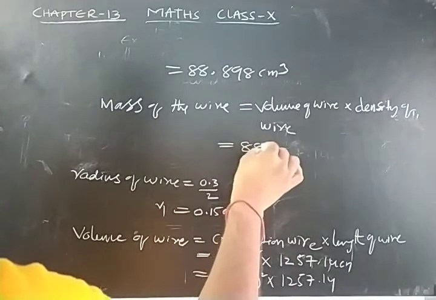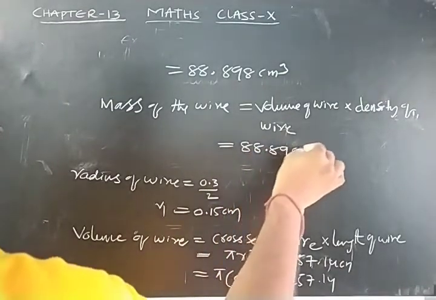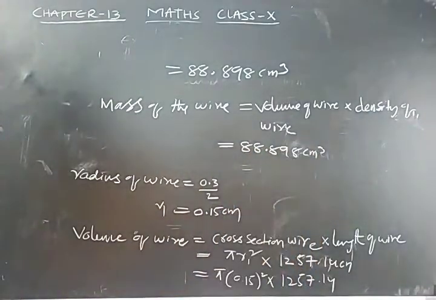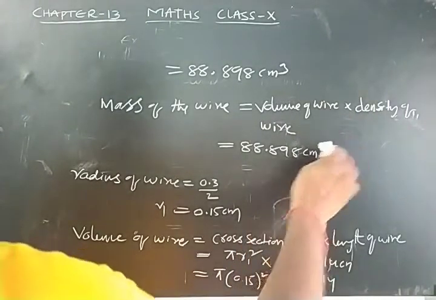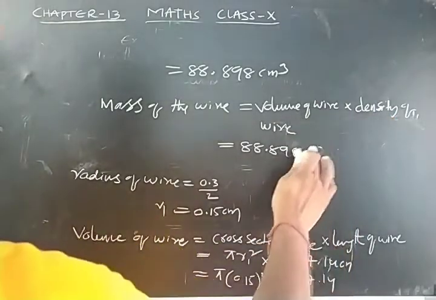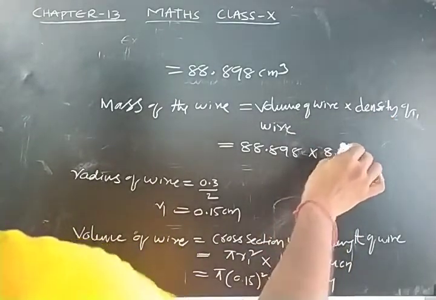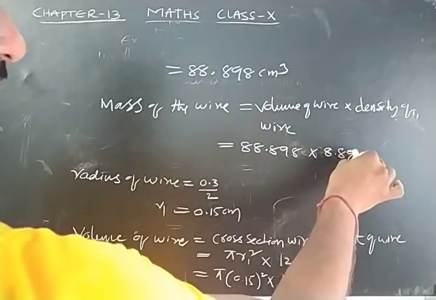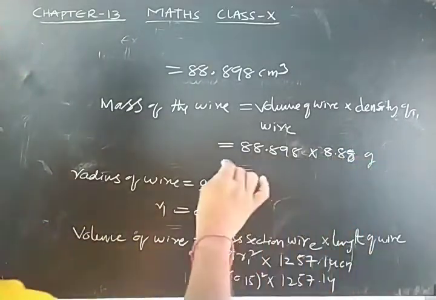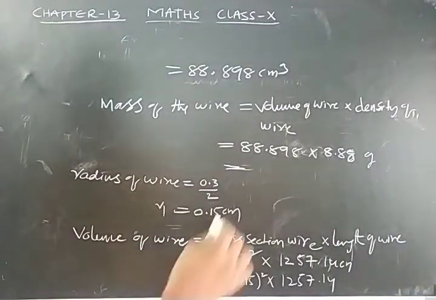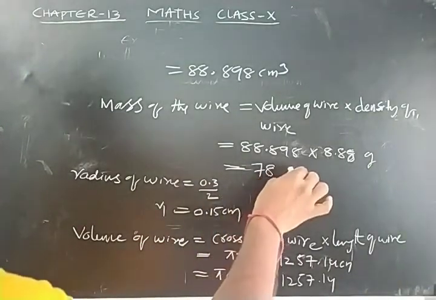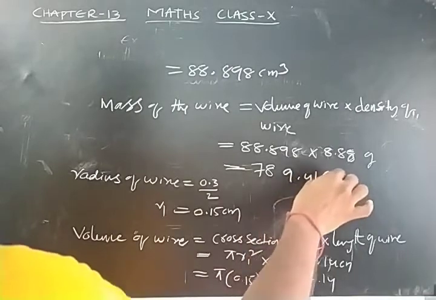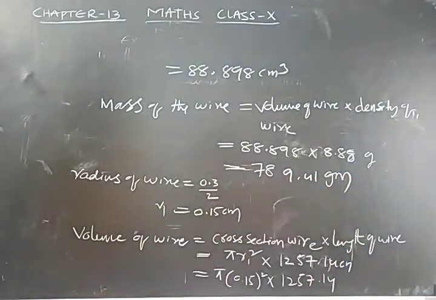We got 88.898 centimeter cube, and the density of the wire is given in the question, that is for 1 centimeter cube we have 8.88 grams. By multiplying this, you will get 789.41 grams, which is the mass of the wire. Okay.